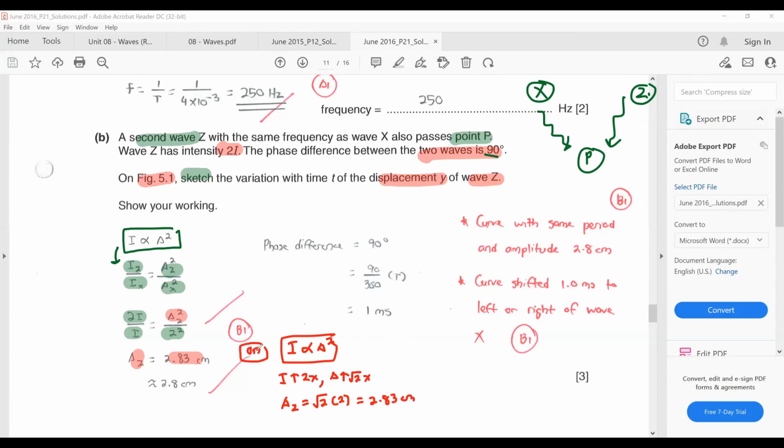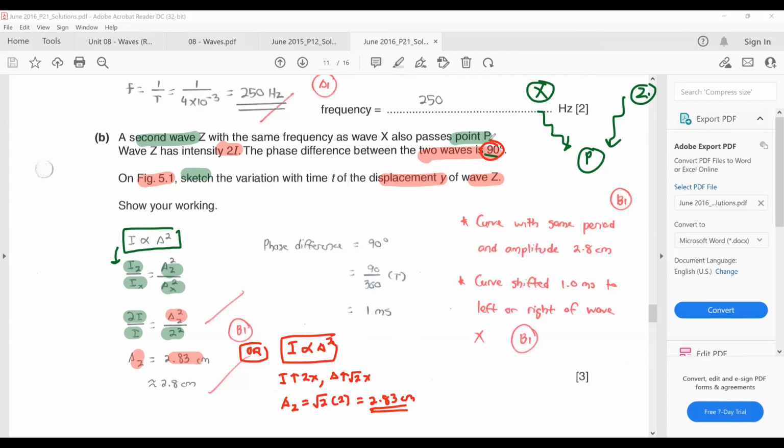It can also be done like this. It doesn't matter which one you want. Either the first one will do, the second one will also do. So you know that the amplitude of wave Z is 2.83 centimeter, and you also know that it has a phase difference of 90 degrees.